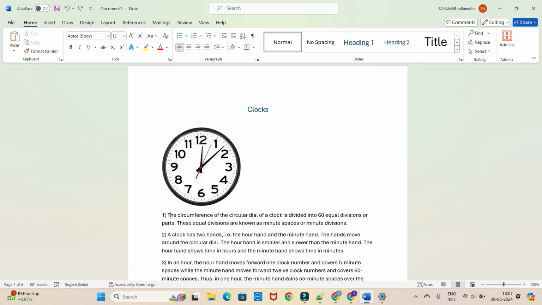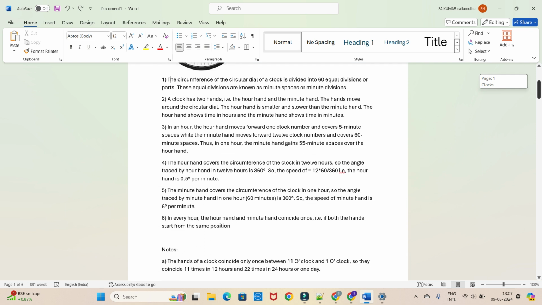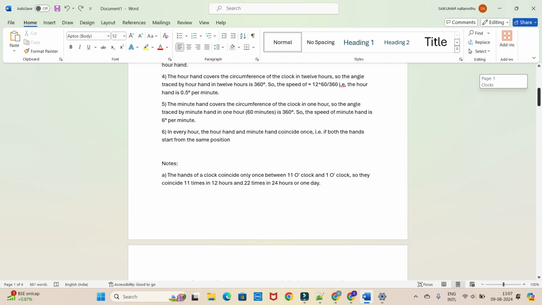That is a coincidence. From 12 a.m. to 11 p.m., across the complete 24 hours, it's going to coincide 22 times, whereas for every 12 hours it's going to coincide 11 times.